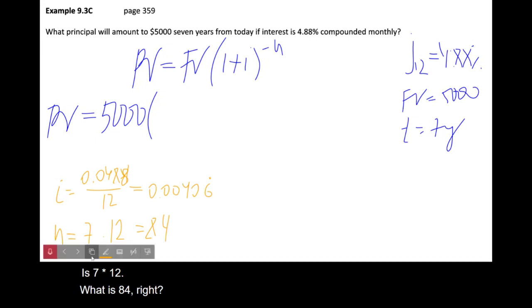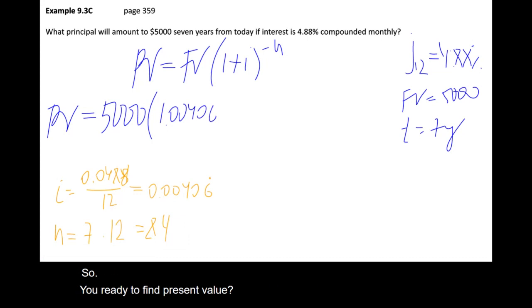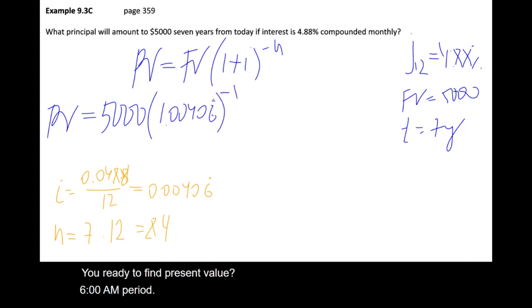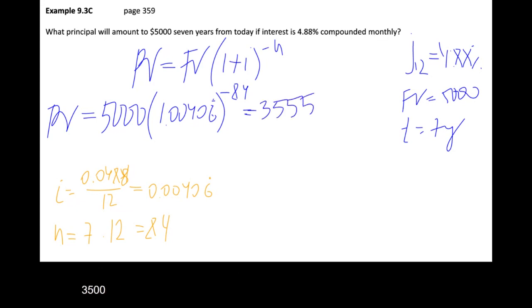Now we're ready to find present value: 5,000 times 1 plus 0.00406, exponent negative 84, equals $3,555.62.